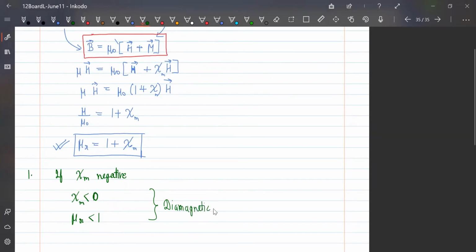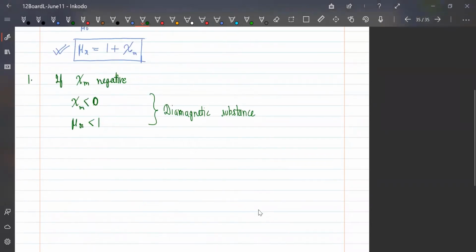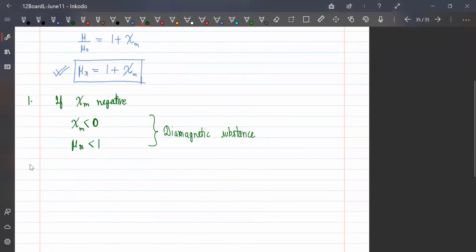Diamagnetic is the same thing as in chemistry, when electrons are paired, this case occurs. And the second type is if xi m is positive and small, then xi m is greater than 0 and mu r is greater than 1, and these are called paramagnetic.